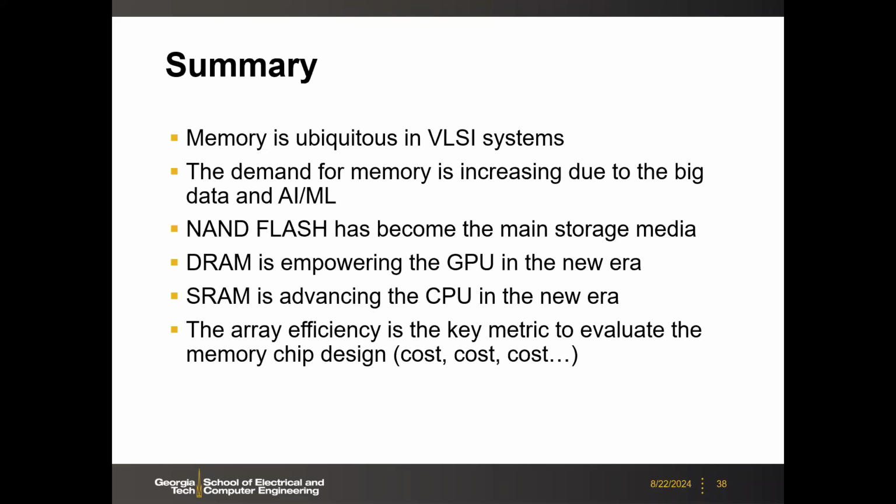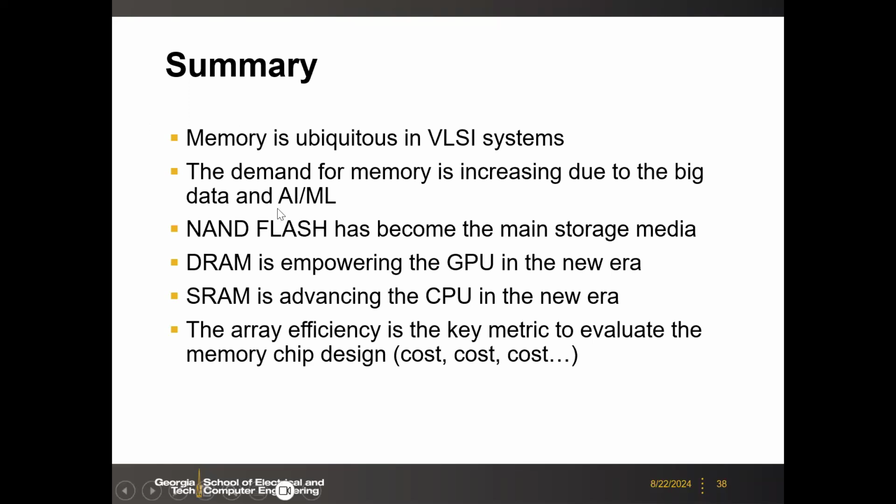And the DRAM is really the key enabler for the GPU. And SRAM is also making steady progress with the 3D V-cache kind of innovation. This will help with the last level cache in the CPU as well.